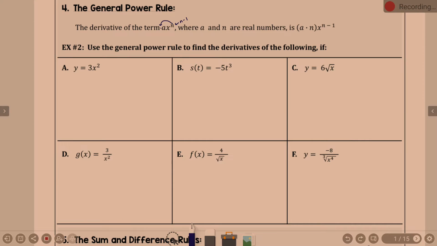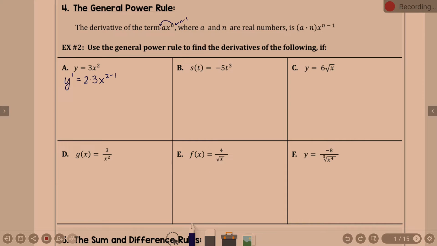That's all it is. So if we're doing the derivative of y equals 3x squared, I'm going to write it as y prime, and I'll take steps on some of these. So start with what we did on Friday. The power moves out front, so now it's going to be 2 times 3x, and then what do I do with the power?